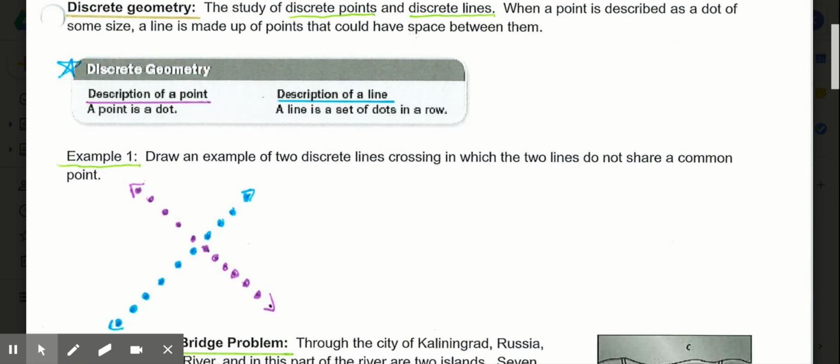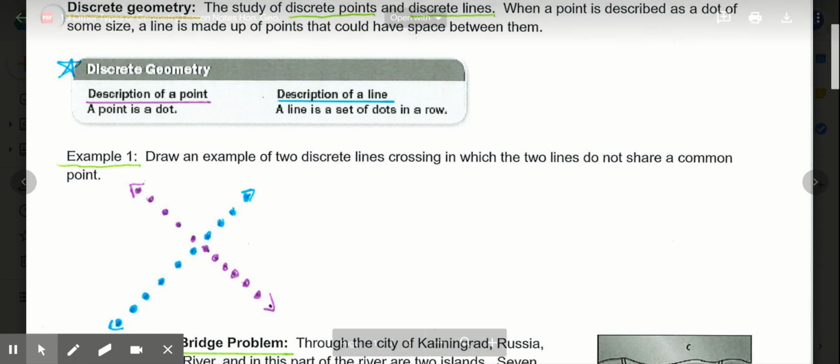Two discrete lines crossing in which the two lines do not share a common point. So we know in Euclidean geometry, where any two lines cross, they cross at a point. In discrete geometry, they could cross at a shared point if both lines hit that same point, or they could cross at the space in between the points or dots.